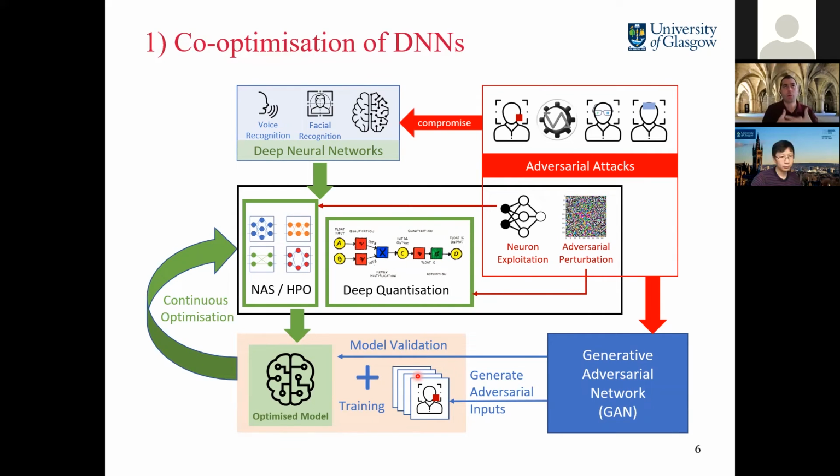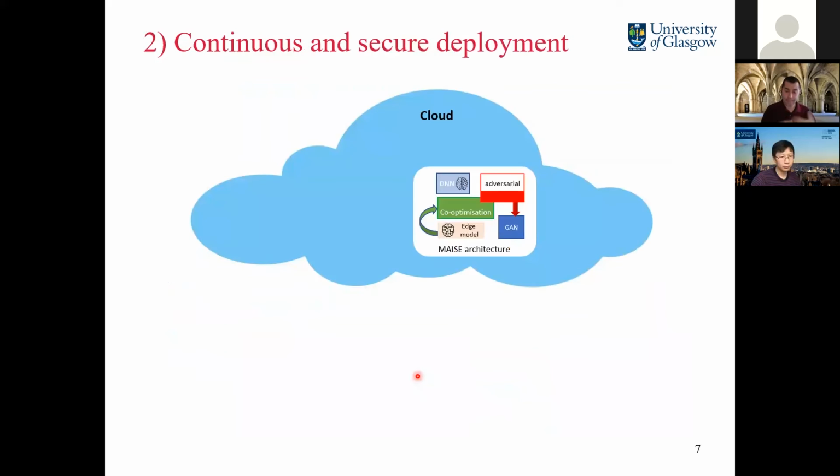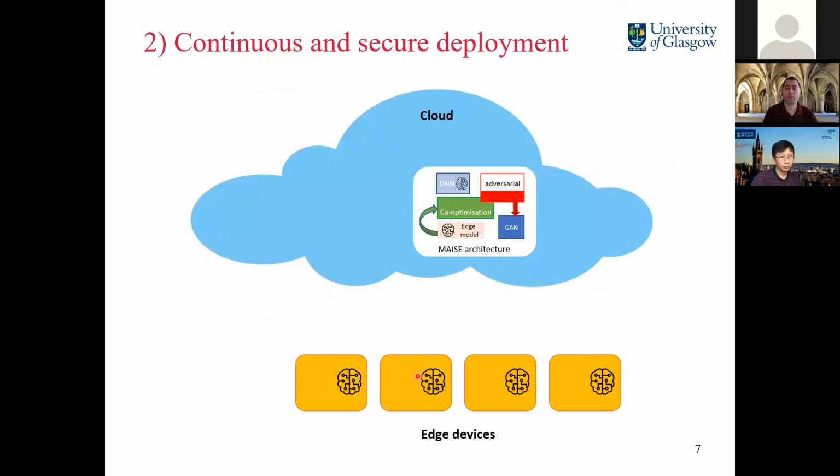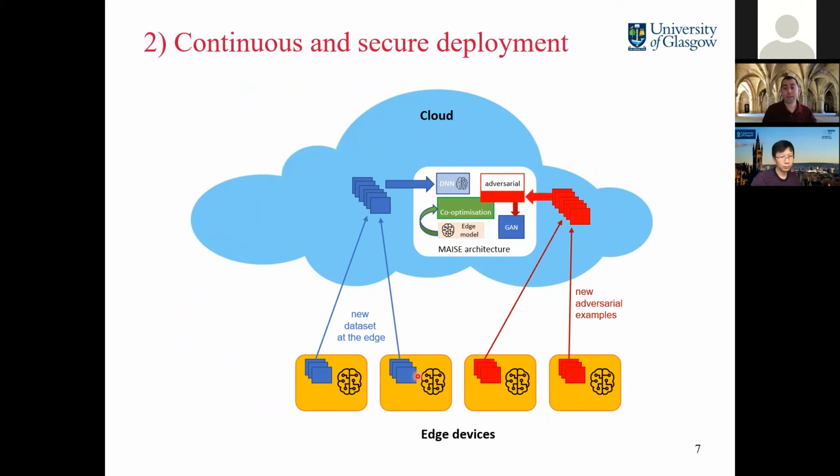Let's assume that we have our model optimized in the cloud, and next we deploy these models on edge devices. The key point here is that these edge devices are able to generate new examples, new valid inputs. So we need to include these new inputs in the model, but also new adversarial examples, and, as I mentioned before, optimize this model.